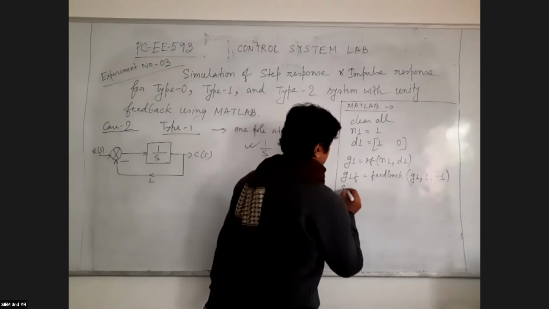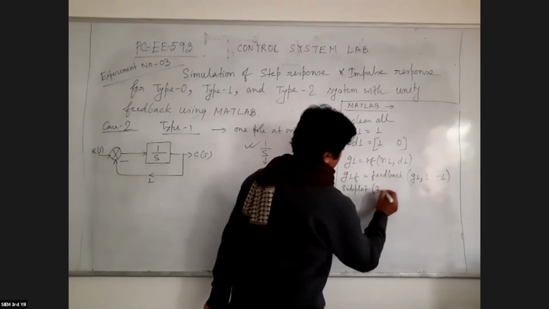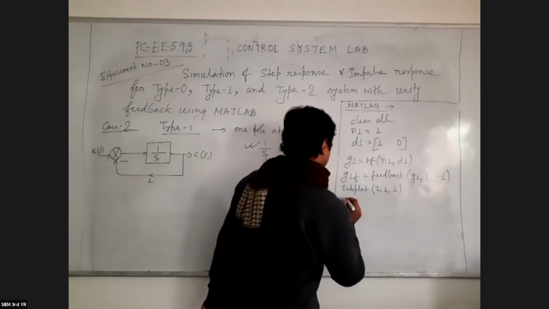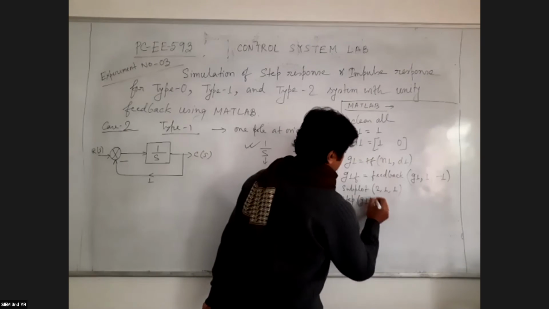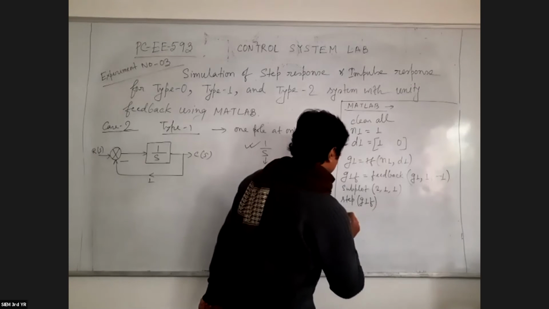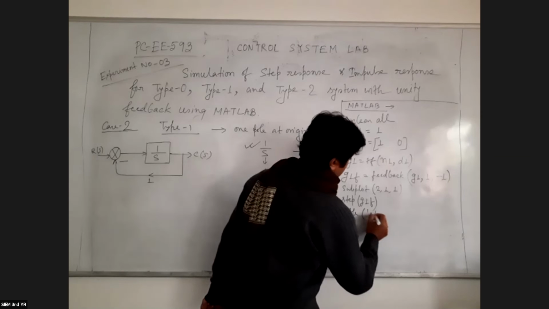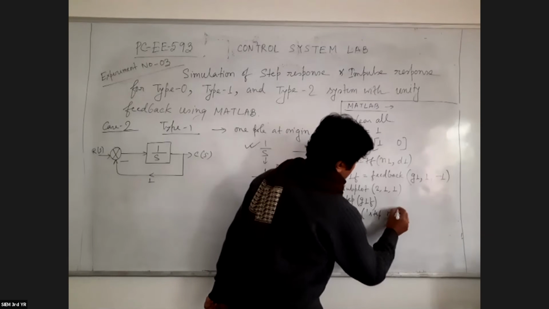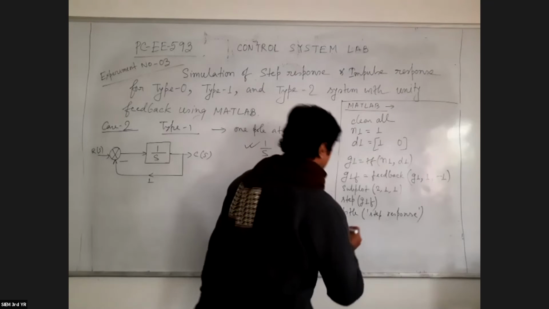Then subplot 2 comma 1 comma 1, step of g1f, title step response.